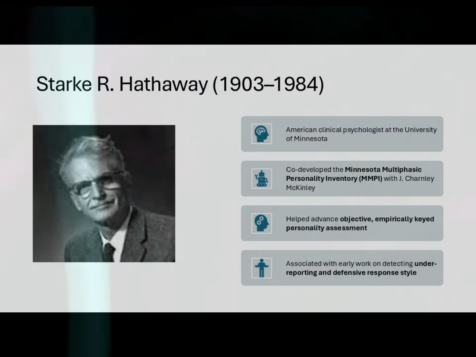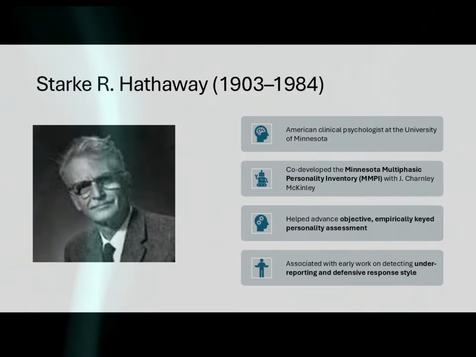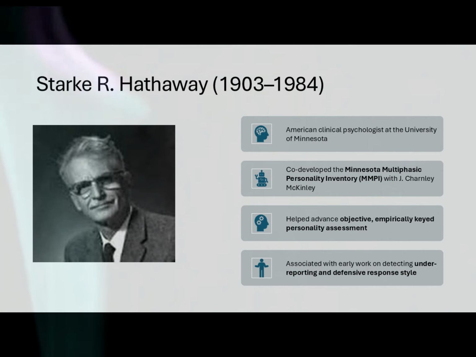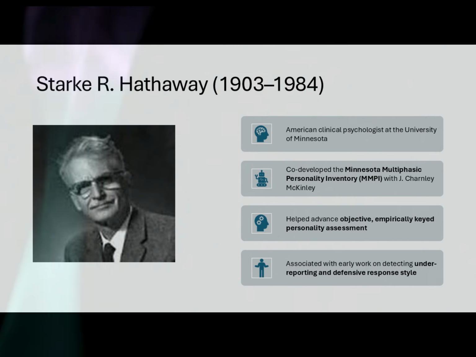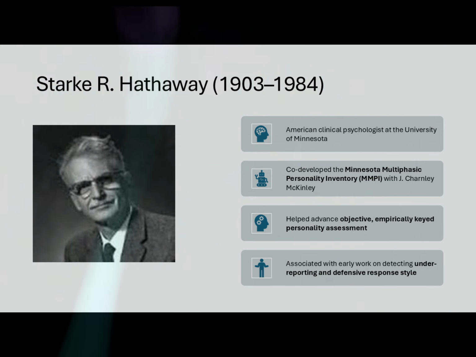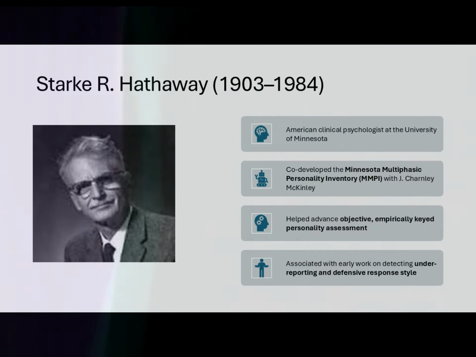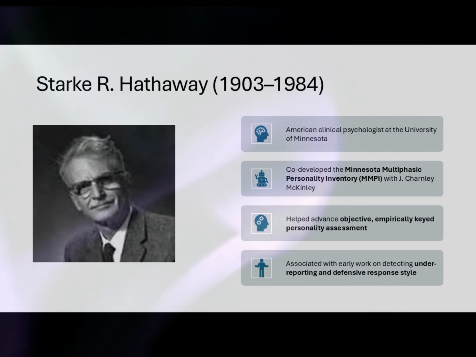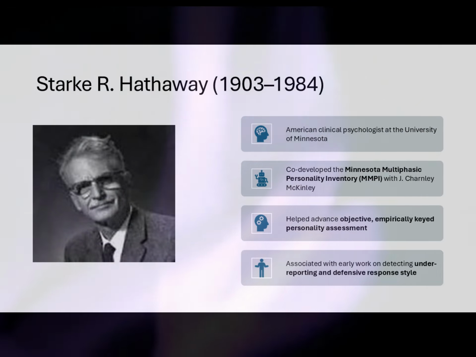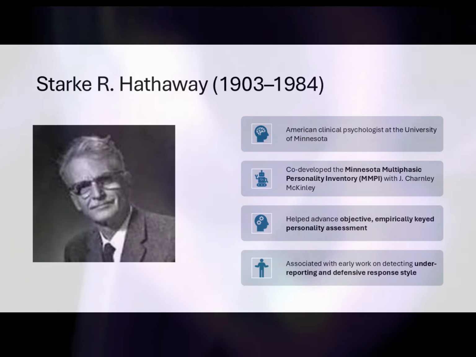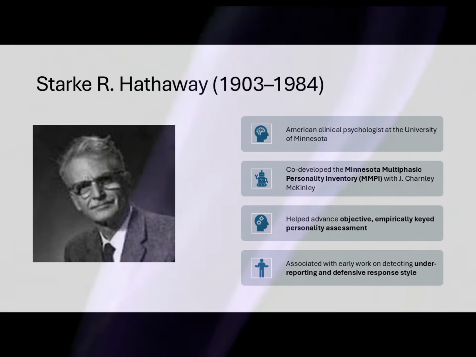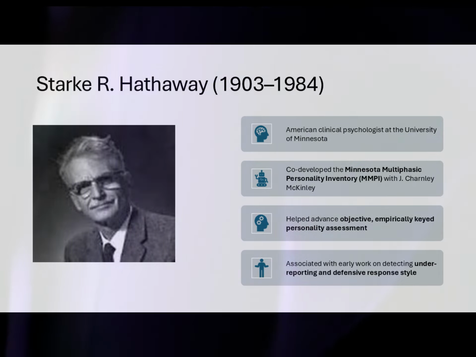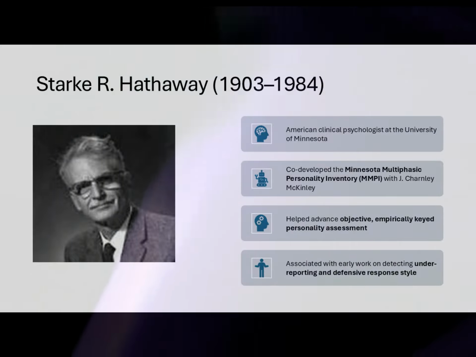What made Hathaway especially important was not just that he helped create this famous test, it was the method behind the test. The MMPI was designed as an objective aid in psychiatric evaluation, and between Hathaway and McKinley, they used an empirical approach to scale construction rather than relying only on face valid descriptions of personality.